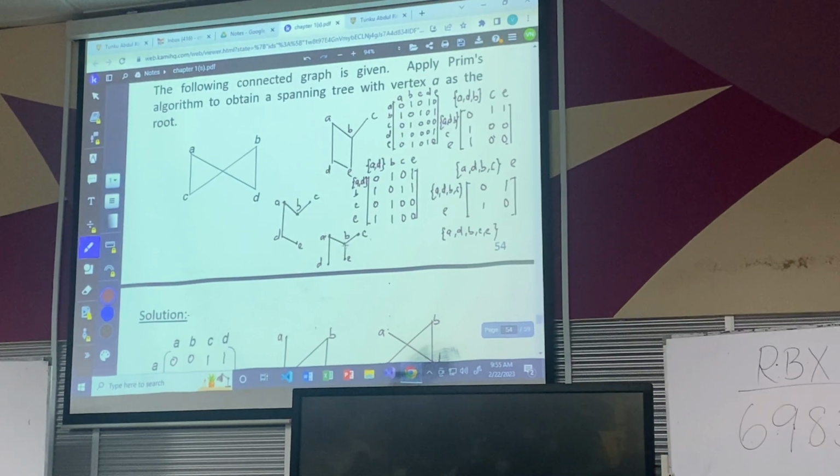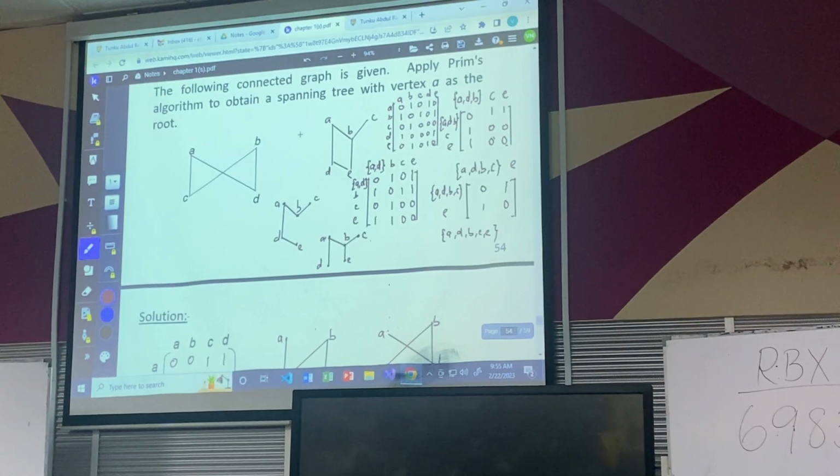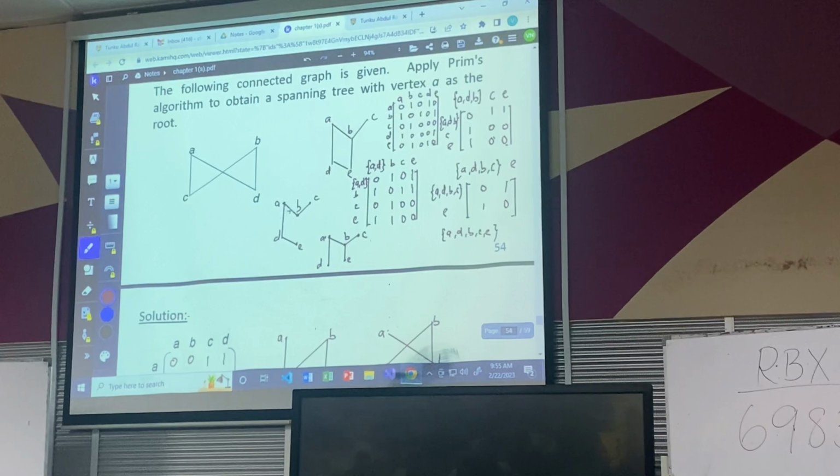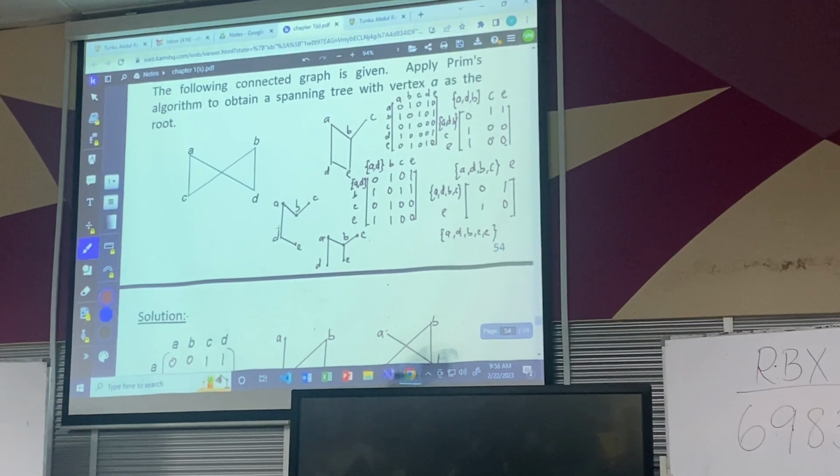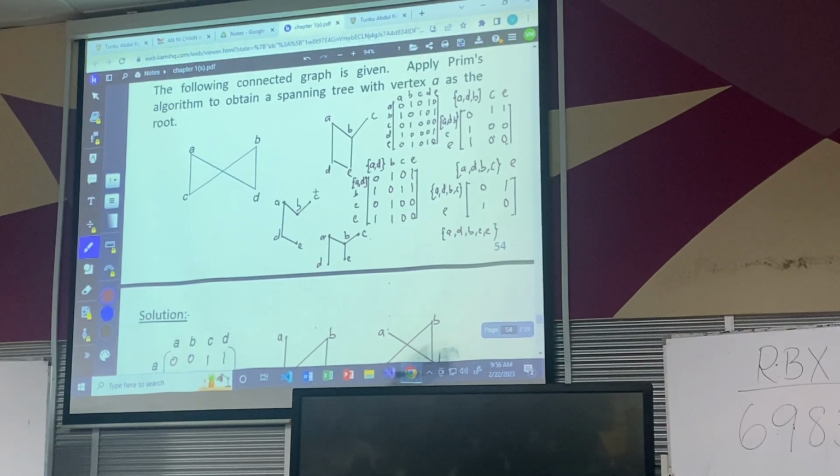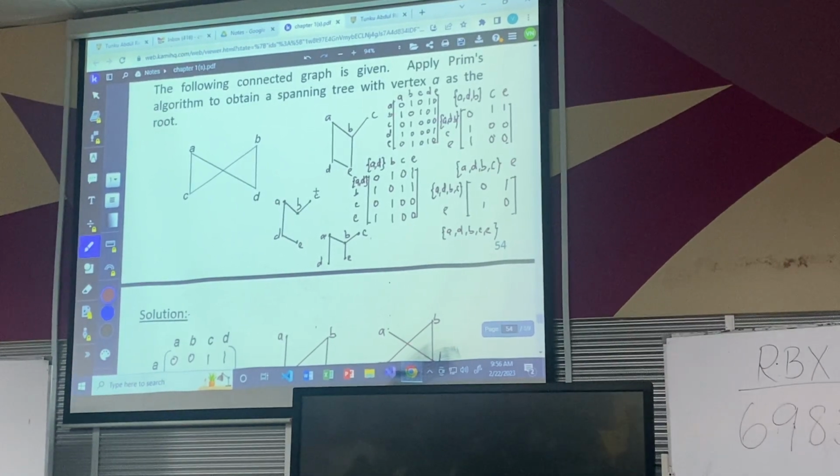AD, AB, BE, BC. Okay, and many more. So you can have also DE, EB, BC, BA without AB, or you can have AD, DE. You can remove AB, so you will have AD, DE, EB, BC. Another possible spanning tree.